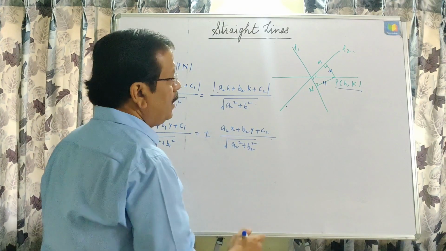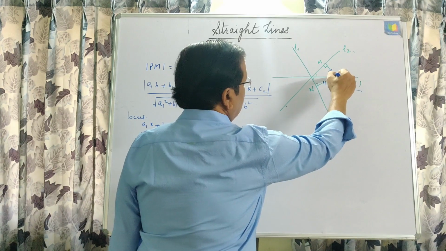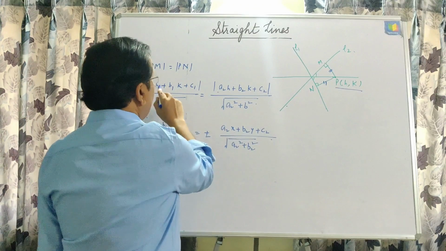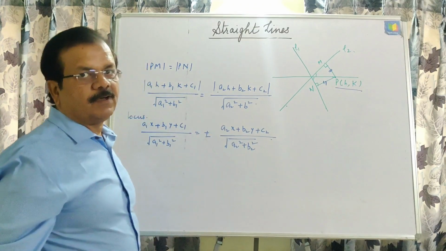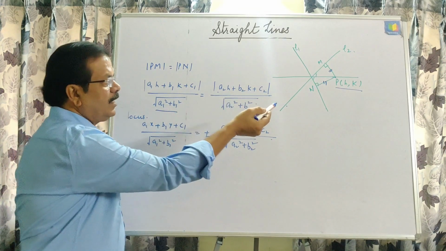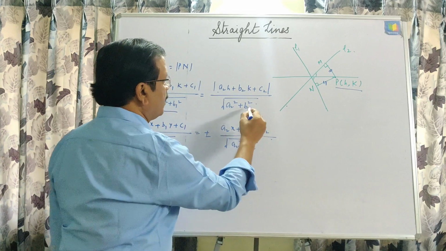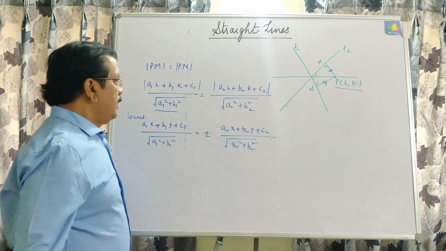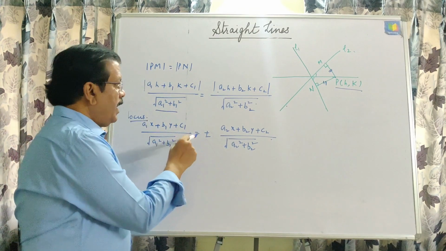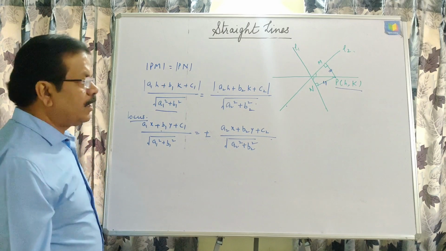And then, how can we find this distance? We just got that the distance of a point from a line is a1h plus b1k plus c1 upon root a1 square plus b1 square. In the same way, a2h plus b2k plus c2 upon root a2 square plus b2 square. Then with the help of this, the locus will be in x and y, because it is customary to write in terms of x and y.